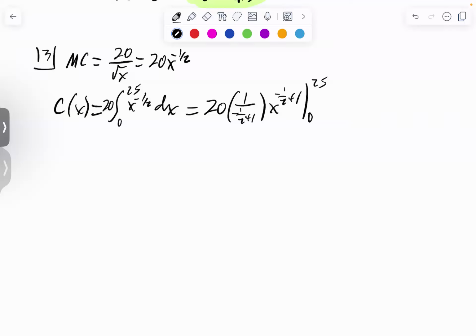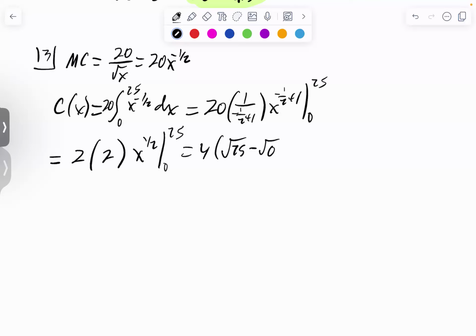Excuse me again. And this becomes 20 times, negative 1/2 plus 1 is 1/2. The reciprocal is just 2. And this becomes x to the 1/2, or square root, from 0 to 25. This becomes 40 times root 25 minus root 0. Oops, 20 times 2 is 40.